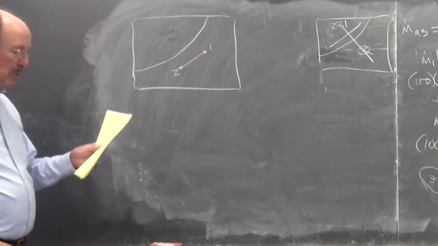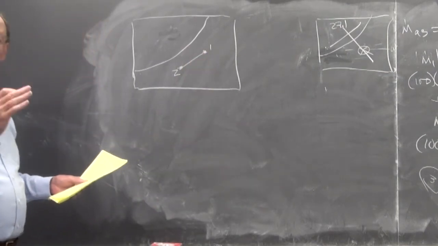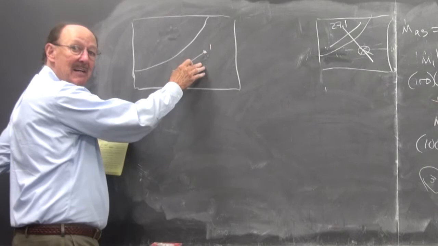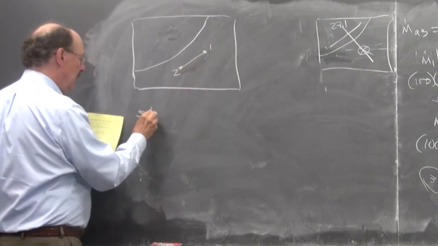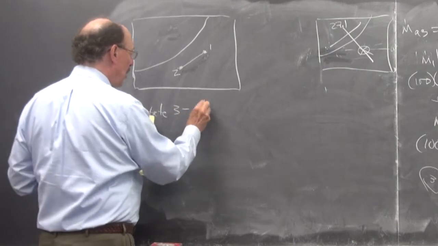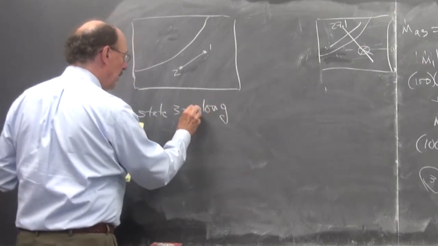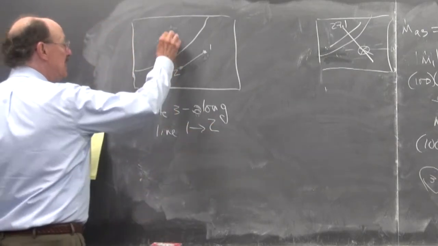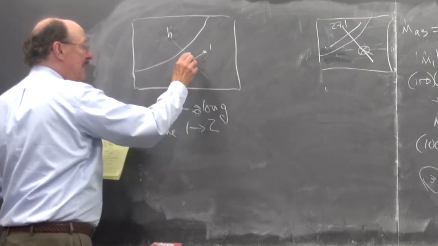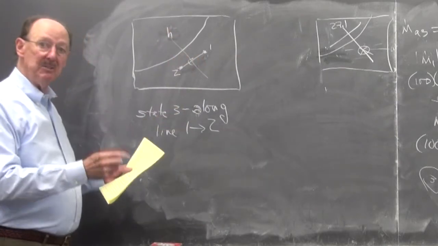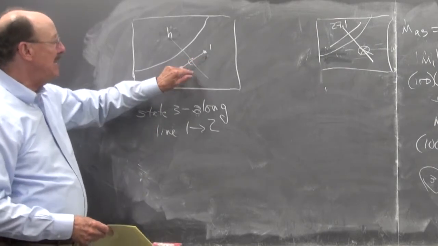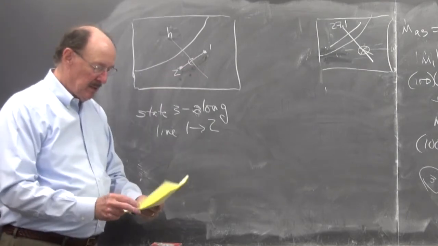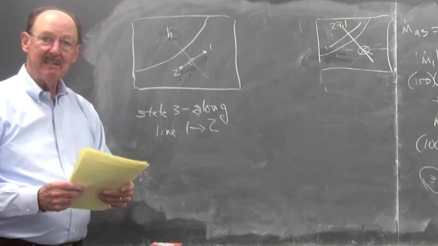State 3 is going to be located along this line, line 1-2. So all I need is either omega or h to locate the point. So if you draw this on the psychrometric chart and find either one of these, that will locate where state 3 is. So that's the rare example of my making life easier for you.